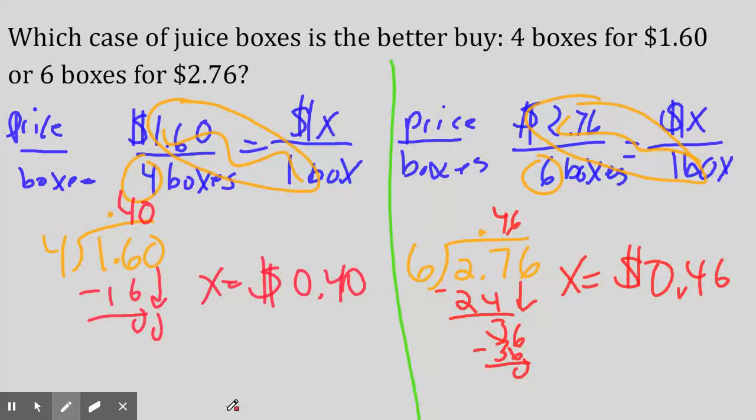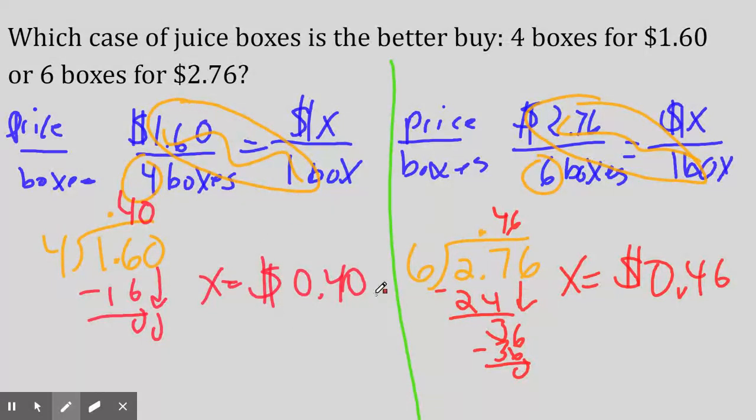All right, so once again, hopefully you pause this. Let's look at our work. So I know for the 4 boxes, 1 box costs 40 cents. And for the 6 boxes, 1 box costs 46 cents. So remember, ask yourself, in the math world, what would be the better deal? Okay, so which one is smaller, the least?